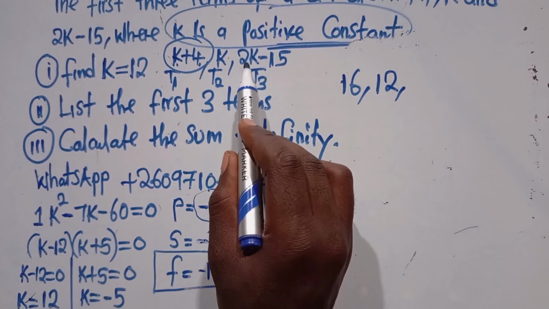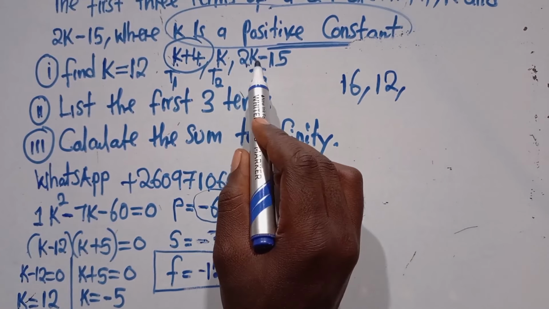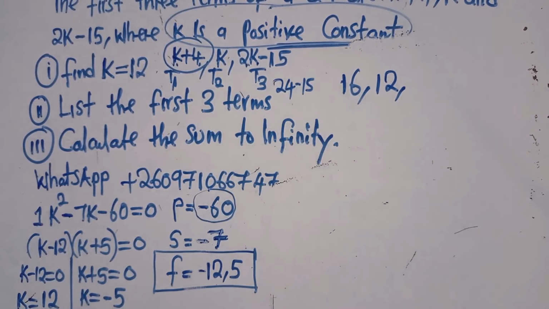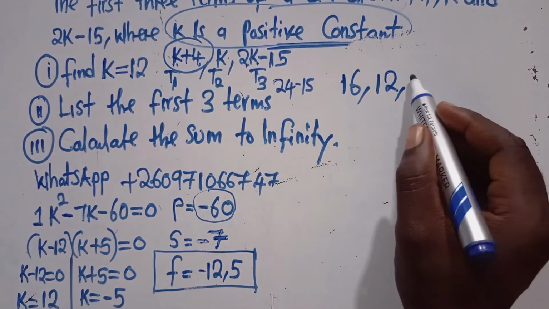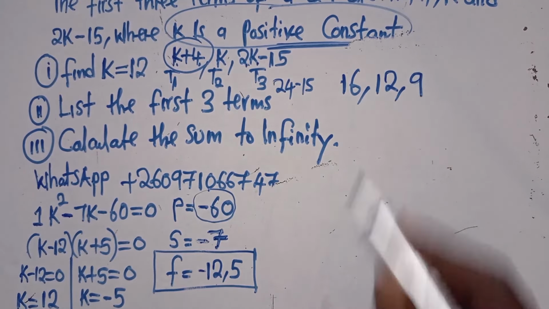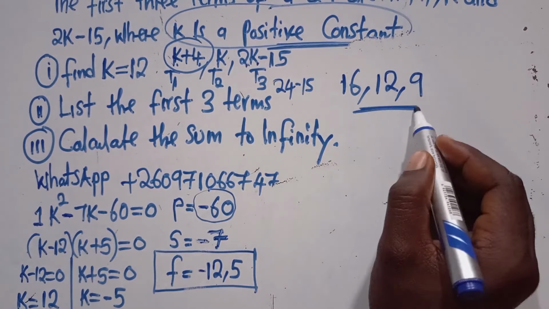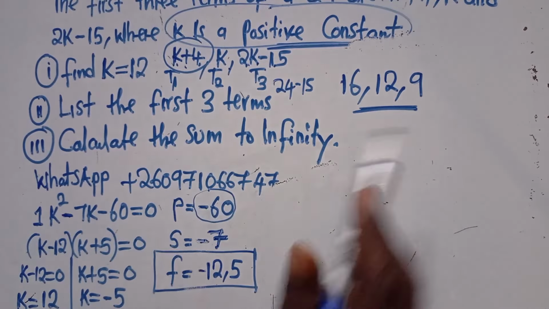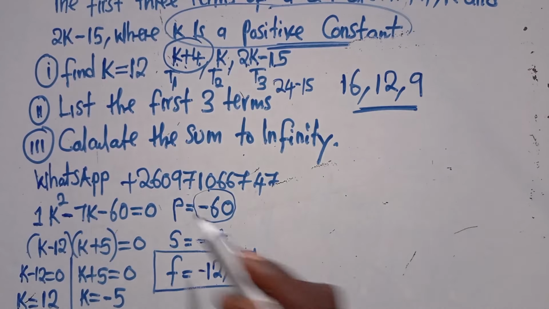Here you say, okay, 12 times 2, 24. 24 minus 15. The answer is 9. So these are the first three terms. You follow that, then where there is k, you just put a 12.